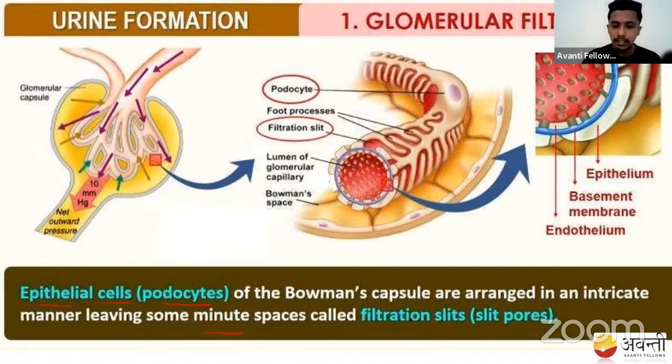These minute spaces are called filtration slits, filtration pores, or slit pores. What is the significance of these slit pores? The pore size is sufficient to allow all the particles of plasma except the larger proteins. That is why the pore size of these filtration slits is very significant in the filtration process.